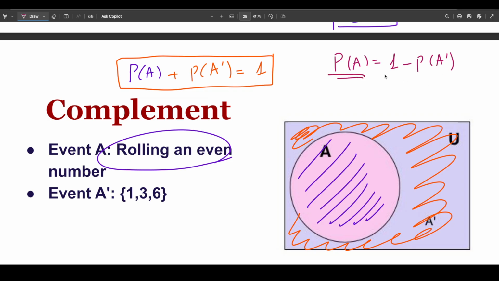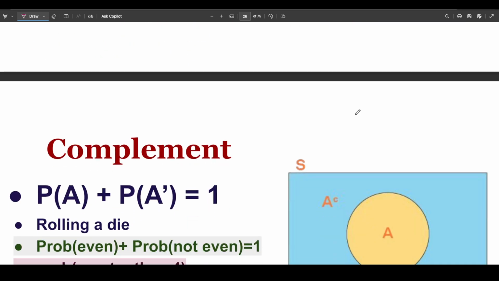So instead of finding A, you find its complement event, and then you say 1 minus that probability. It's much easier to solve, and it's going to take less time.